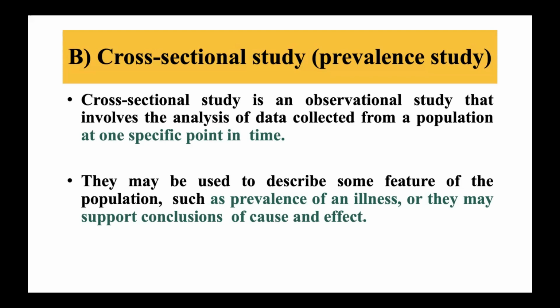One good example of this: suppose in first year MBBS, you test 100 students for tuberculosis, and you find that in the first year in 2020, there was one student suffering from tuberculosis. So the incidence is 1%.